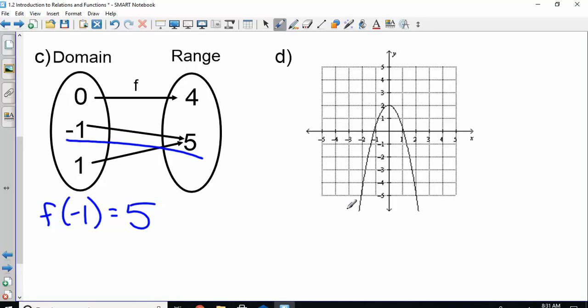And D. My x is negative 1. So if I go to my graph, when the x is negative 1, we're right there on the graph. What's the y value right there? Approximately. Something between 0 and 1.